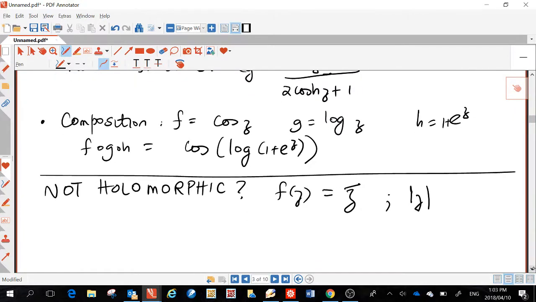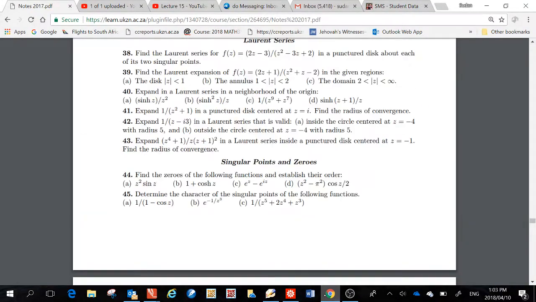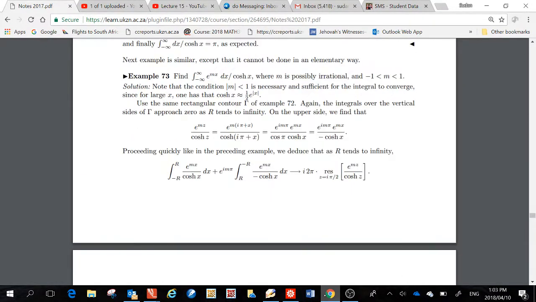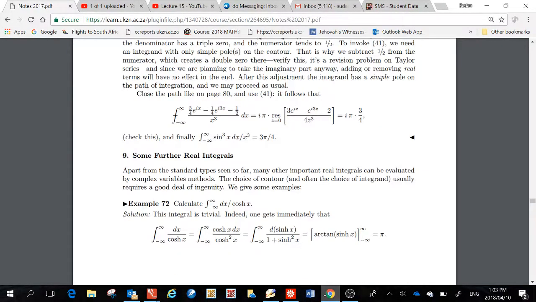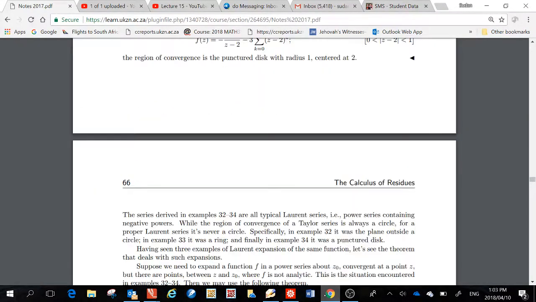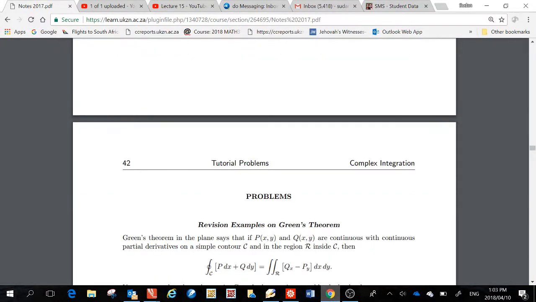So in the tests and exams, and also tutorials, if you look back at the book, you'll find that the examples are like that. Find certain integrals. This is a bit ahead of the game. Calculus of residues, this is the next beautiful chapter 3.